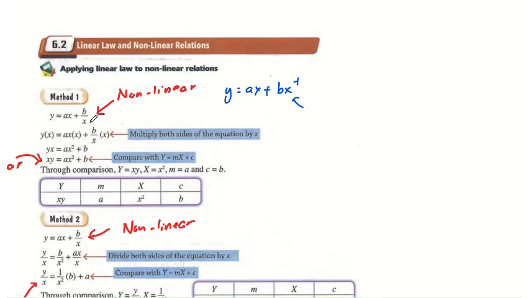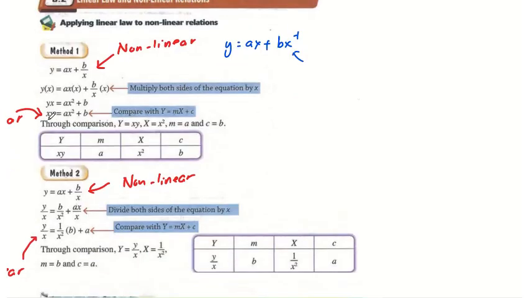Okay, how do we change it into a linear one? We have to remove x power negative 1, so that the unknown x is to the power of 1 only. The step for method 1 is to multiply both sides of the equation by x and simplify. You will get xy equal to ax squared plus b. So why is this equation considered linear?